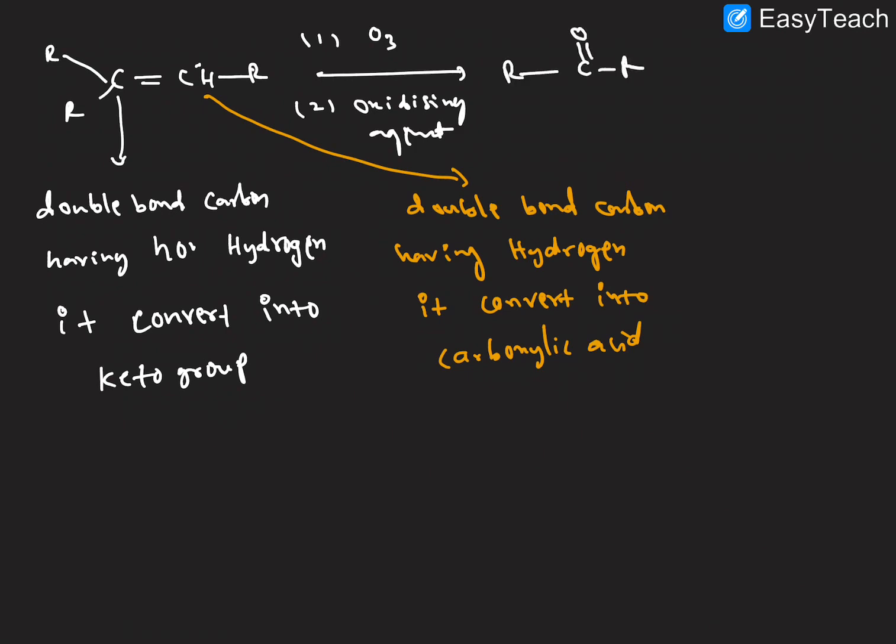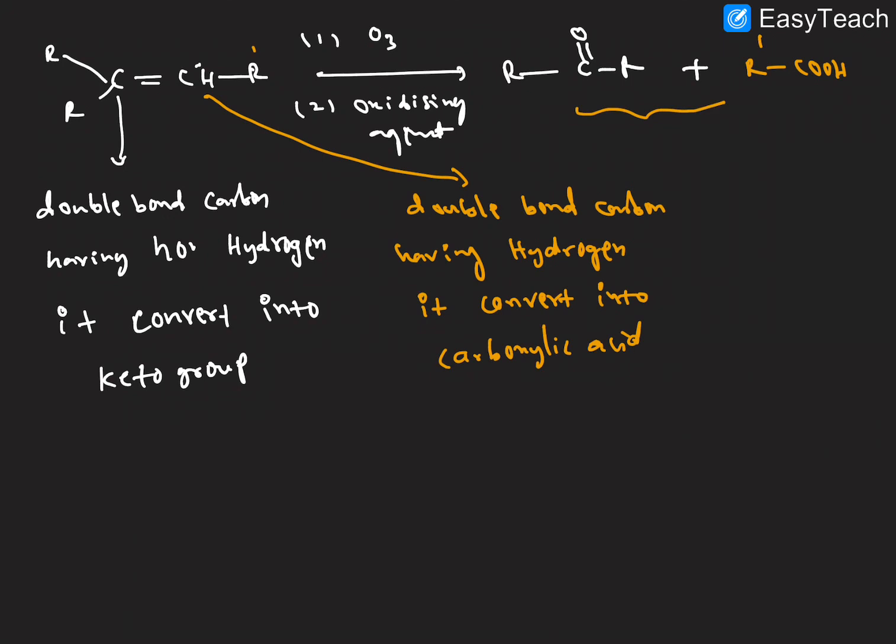This is R, the keto group here first, and then R dash, and R COOH is forming, right? The first step is ozonolysis, that is ozonide forming, then we use the oxidizing agent, and the resultant product is like this, right? Generally the oxidizing agent used here is Ag2O or H2O2, hydrogen peroxide, or peracids, right? I hope it is clear, right?